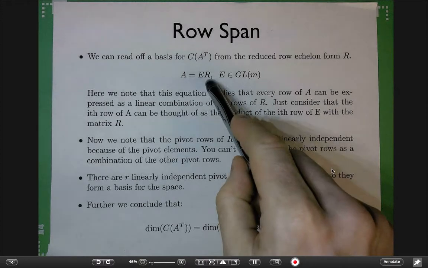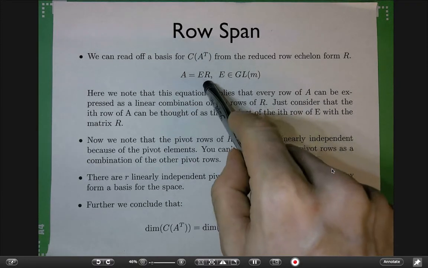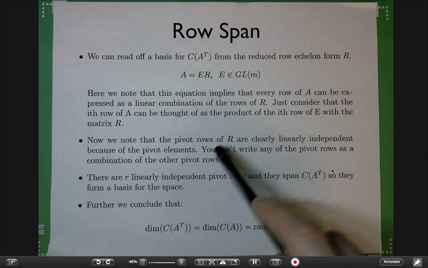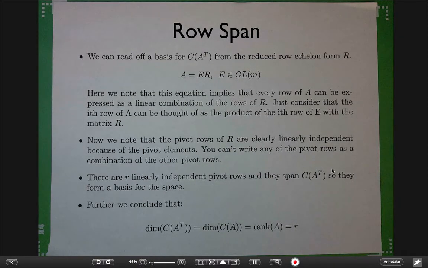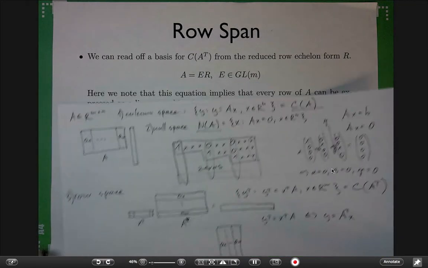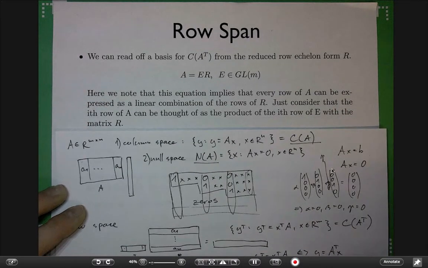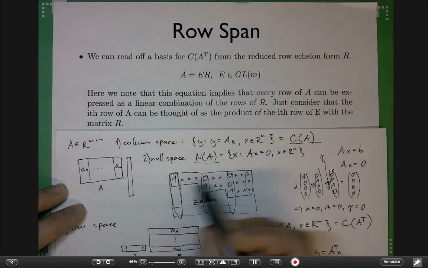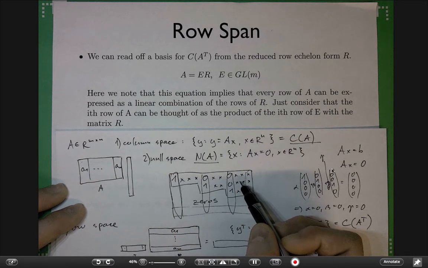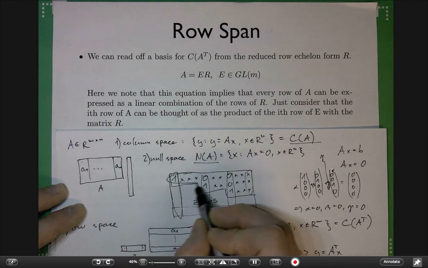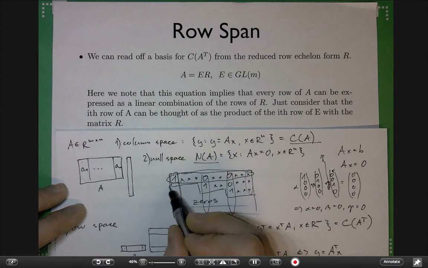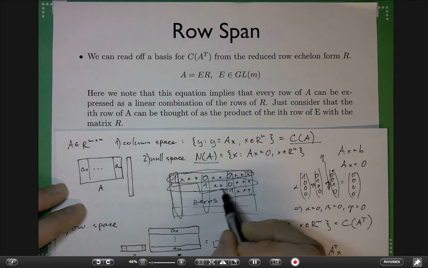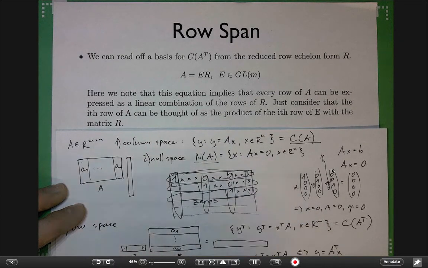And how do we figure out what the row space is in R? Well, we again look at the pivot rows of R. So maybe I can show it on this image here. If I'm in my reduced row echelon matrix, and I want to find out what is the basis for the row space, then I simply take the first r rows which correspond to the pivot elements.